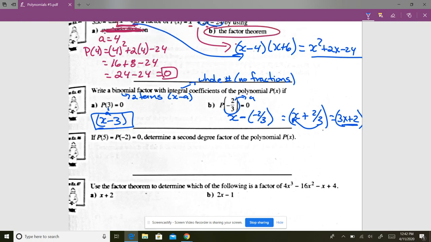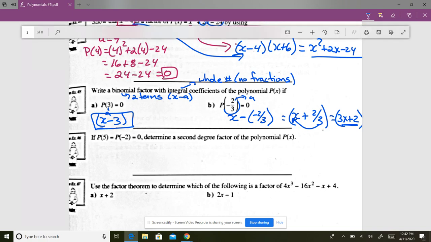If p of 5 is equal to p of negative 2 is equal to 0, i.e. these are both factors, because the remainder equals 0, determine the second degree factor of the polynomial. Basically it means write out the polynomial.